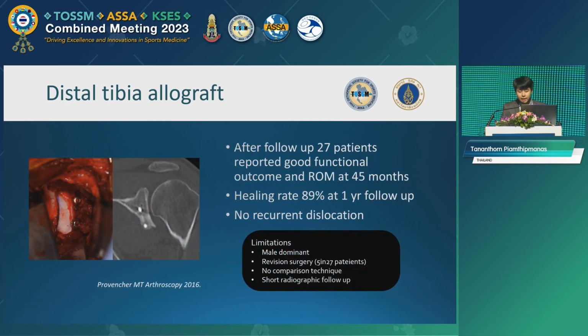Seven years later, he published good functional outcomes and improved range of motion after following patients for 4 years. His work still has some limitations: it was male dominant, there were some revision surgeries which could follow inferior functional outcomes, there was no comparison technique, and they showed only a short radiographic follow-up.